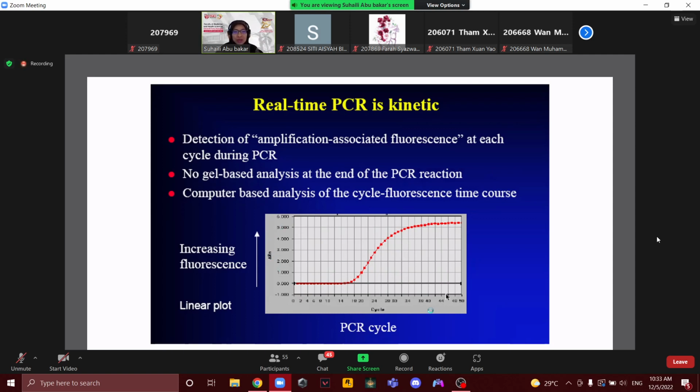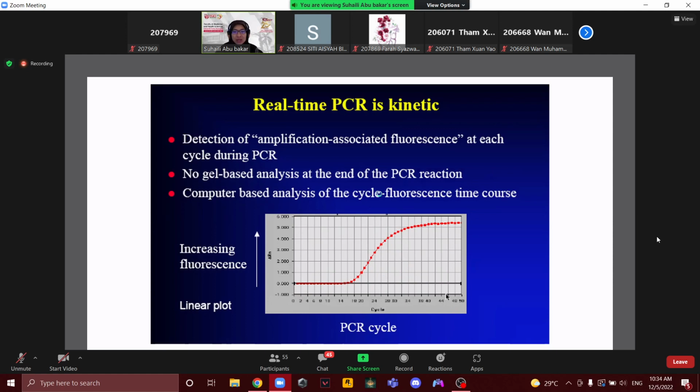Okay, so you have to convert it to the log. Okay, so no gel-based analysis at the end of the PCR reaction because we know already this one. So from this calculation, from the initial product, we can at least predict after 34 cycles how many. Kan nampak tak? We can predict. Because of this prediction, we cannot use a direct graph. Tak boleh guna lah, you have to convert it.